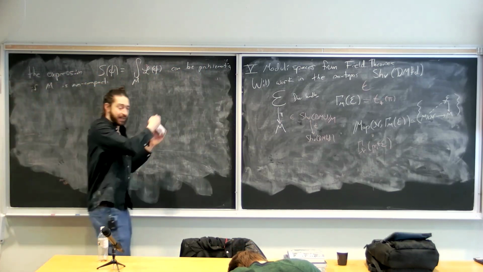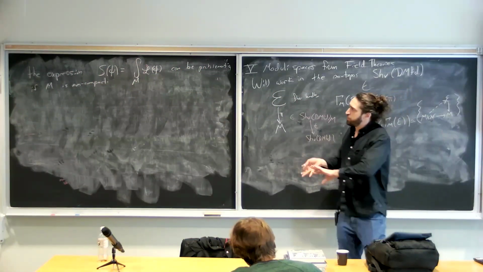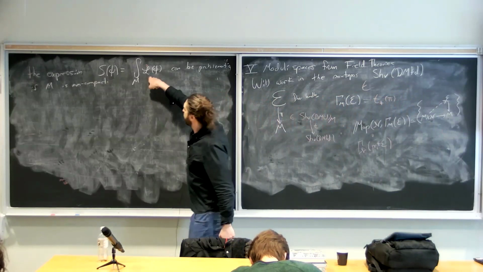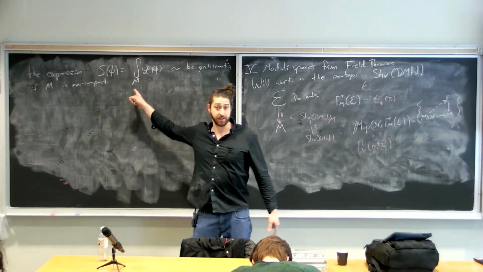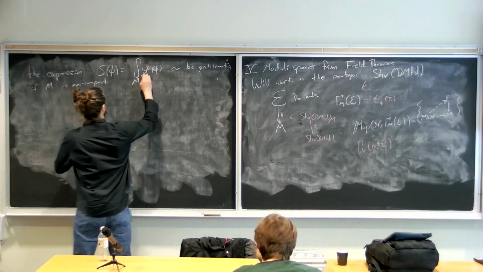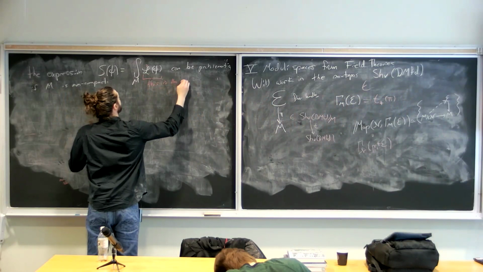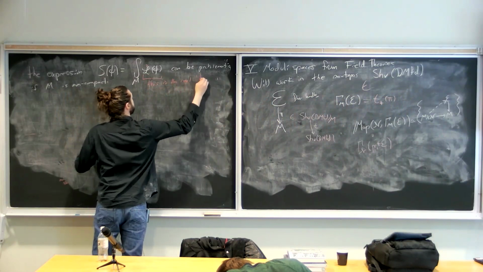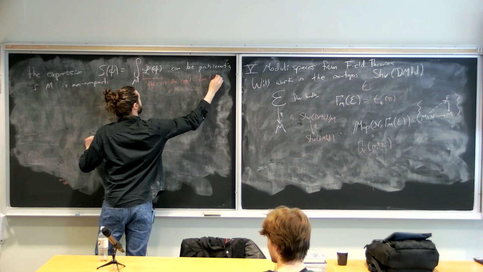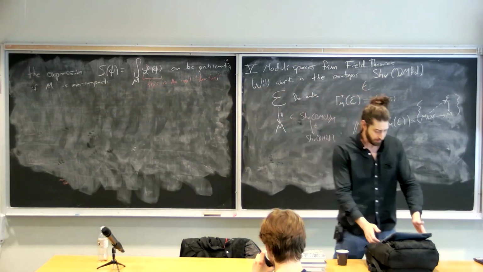It may not even actually make sense, but you can still make sense of the variational derivative, because you're really just talking about the variational derivative of the Lagrangian density. So this is the real object. This density is really what we're after.